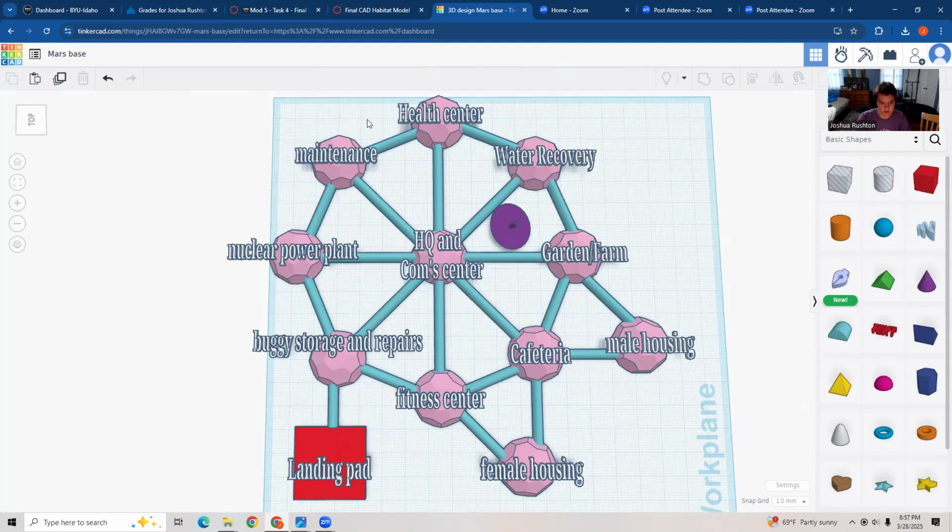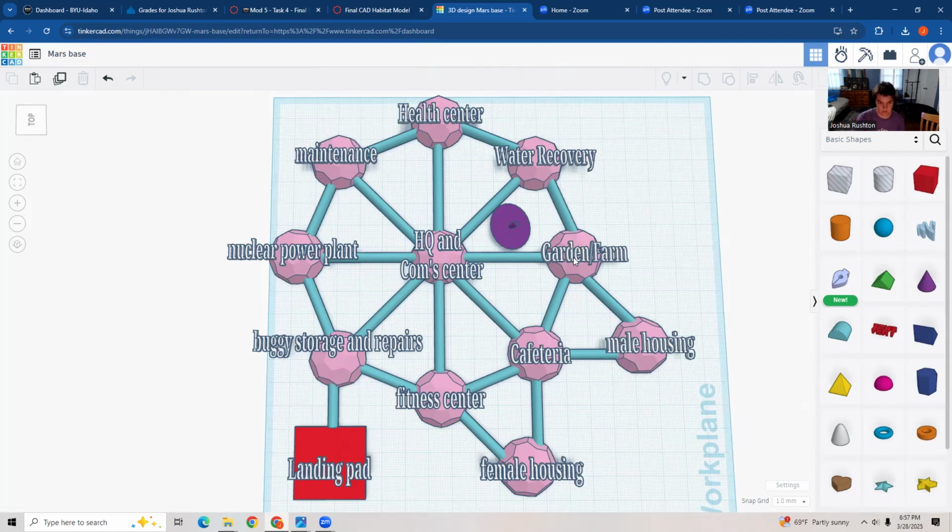Then the maintenance place is where we will keep the ARS system, which is what will be supplying the space with air, as well as the place where we will be doing any maintenance on the water recovery units, the water processors, or any of the garden sprinkler systems.